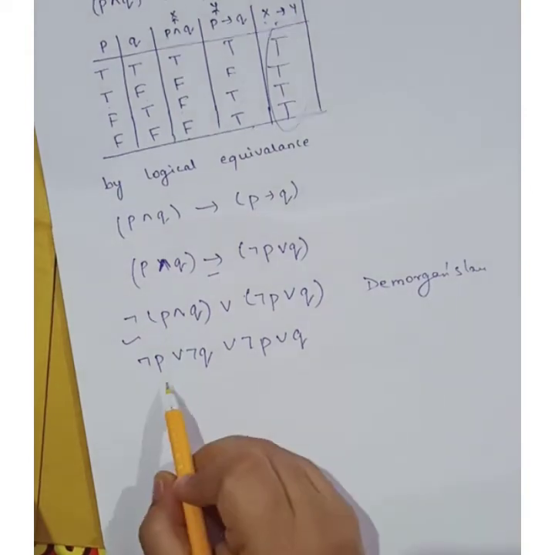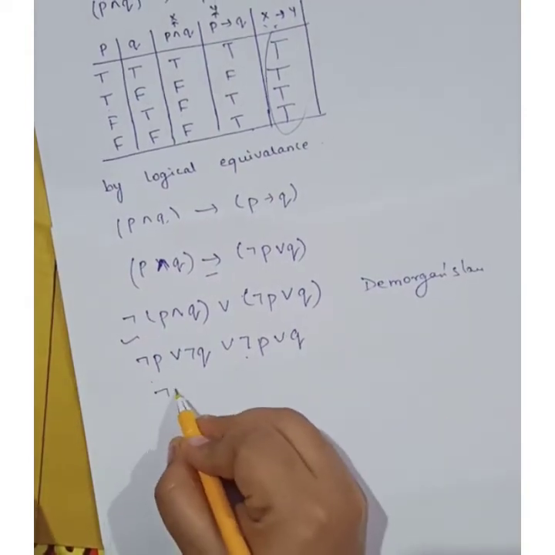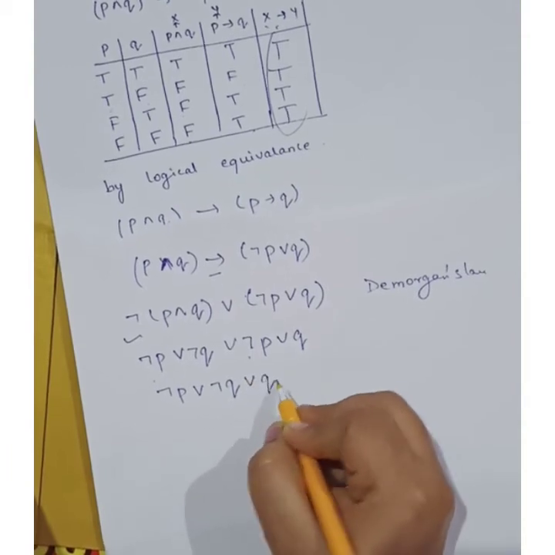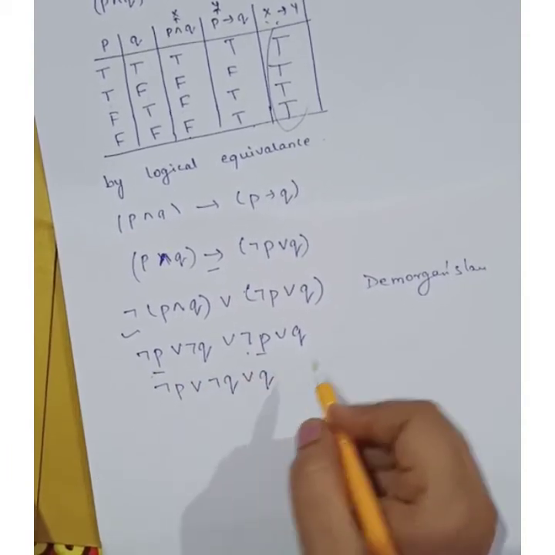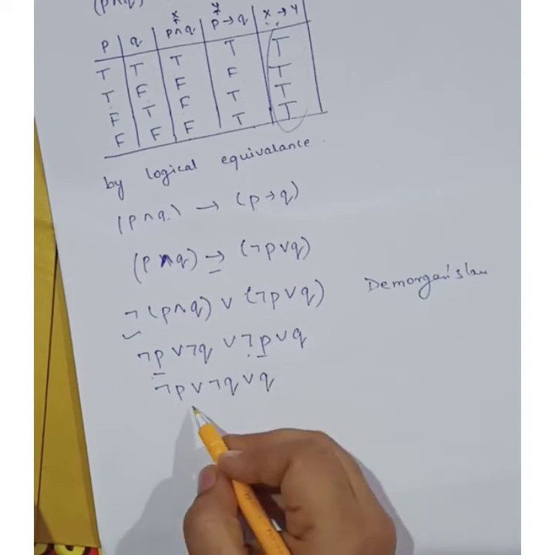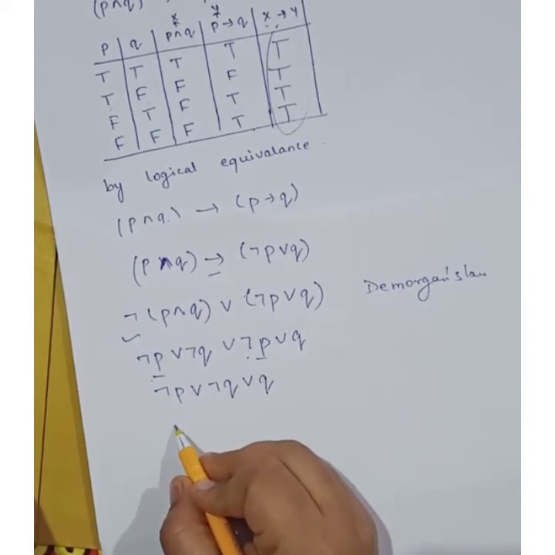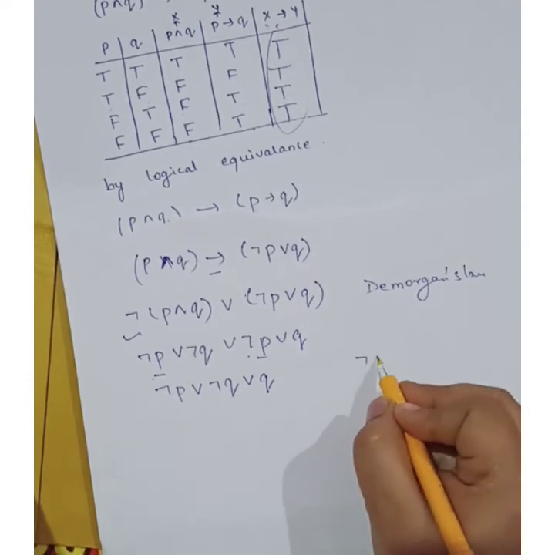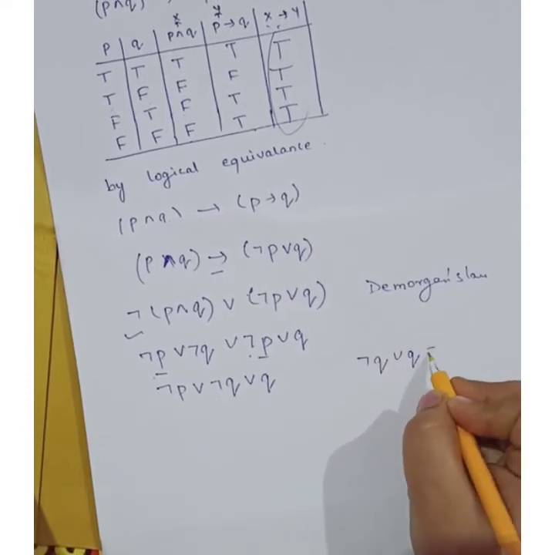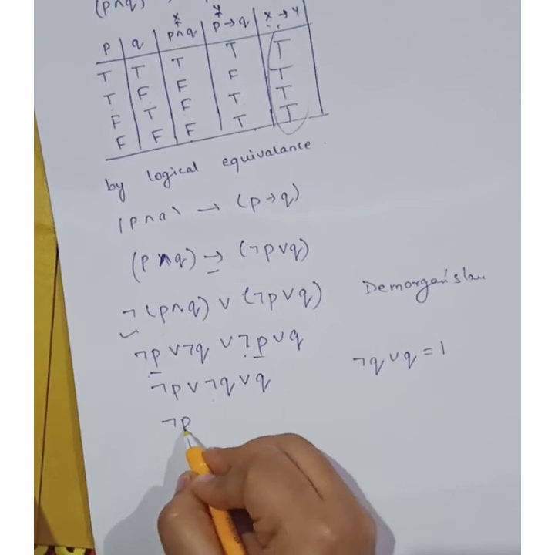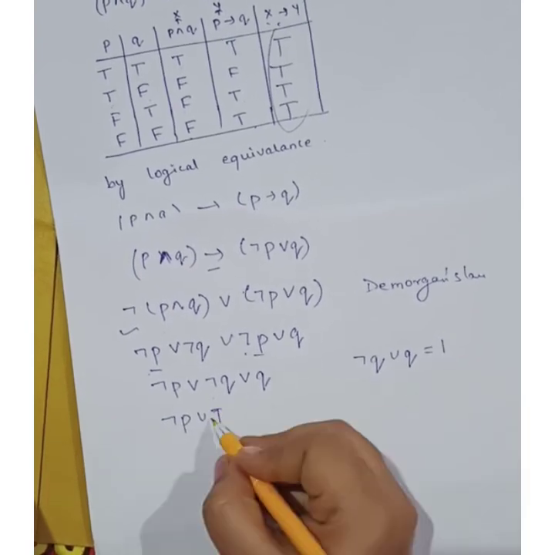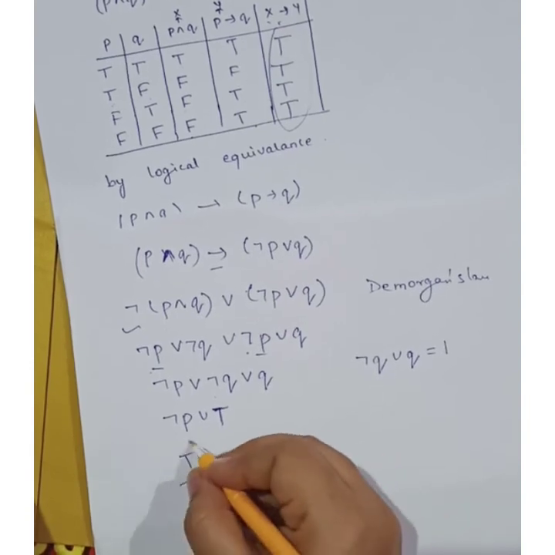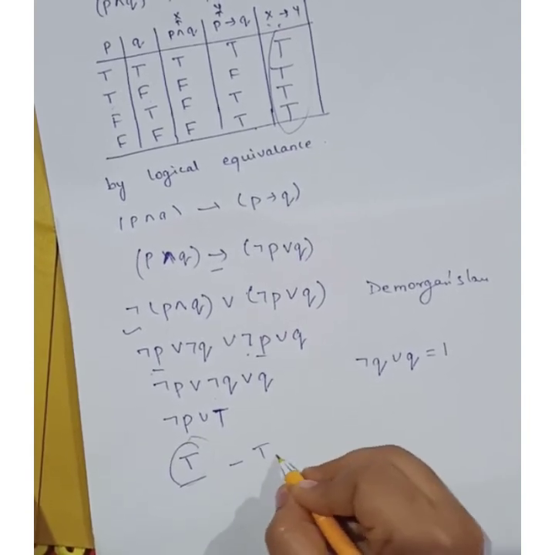Here we have this statement twice, so we will write it once. We have this P twice, so we will write it as one, and then we have Q plus negation of Q, that equals 1, so it is negation of P, truth. Then this will have a truth value. So in the final we have true, so it is a tautology.